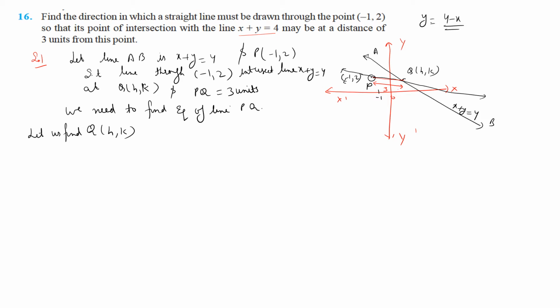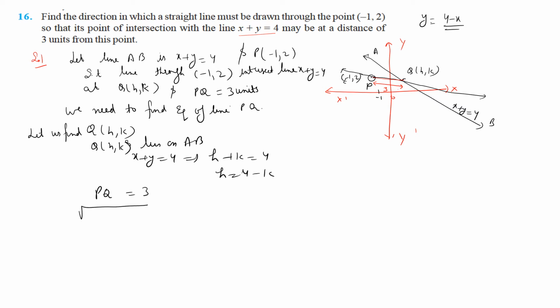Now see clearly, this point Q lies on line AB, so it satisfies x plus y equals 4. So I get h plus k equals 4, so h equals 4 minus k. Now let us use whatever is given. PQ is 3 units, and using the distance formula, square root of (x2 minus x1) whole square plus (y2 minus y1) whole square equals 3 units.